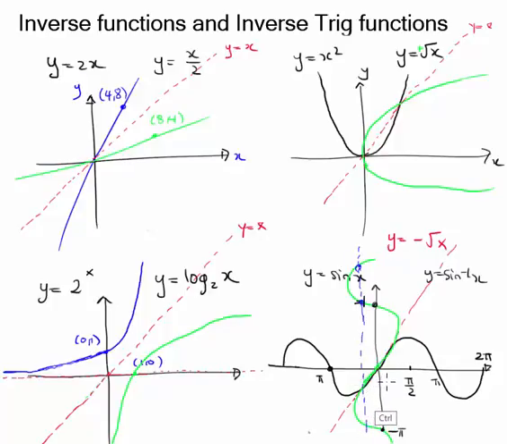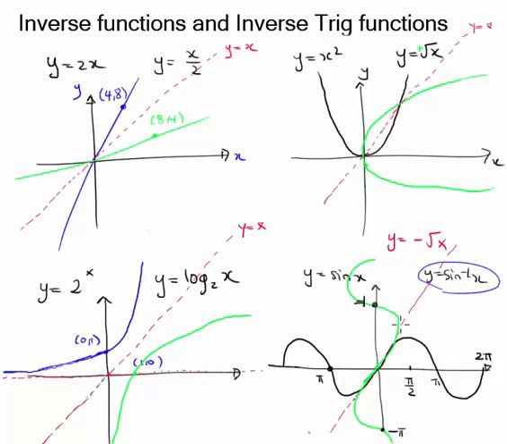You're not supposed to have that for a function. So we actually have to restrict our domain in order to make it into a function. Remember, this is a function, and that's the inverse function of this function, so that must be a function.